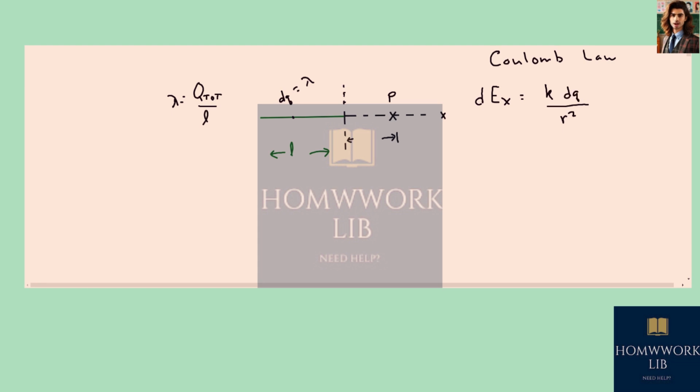And here dq is lambda times some linear differential, which is going to be along the x direction, because we are going to integrate over the source and use x as a way to count which little infinitesimal source charge we're looking at. So we can rewrite our integral this way.